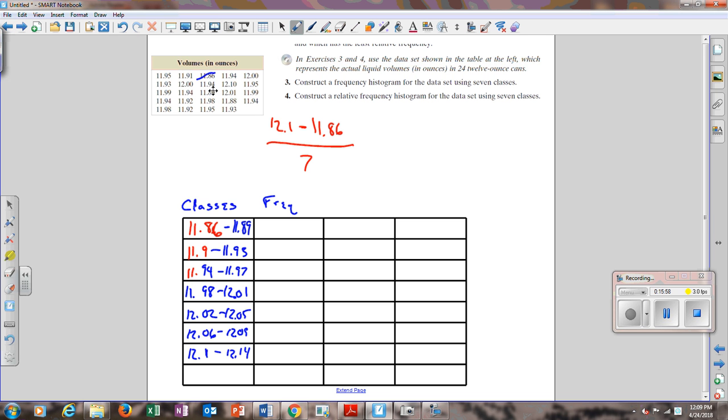There's one, there's two, so that's just two. Next one, between 11.9 and 11.95. 1, 2, 3, 4, 5, 6, 7, 8, 9, 10, 11, 12, 13.